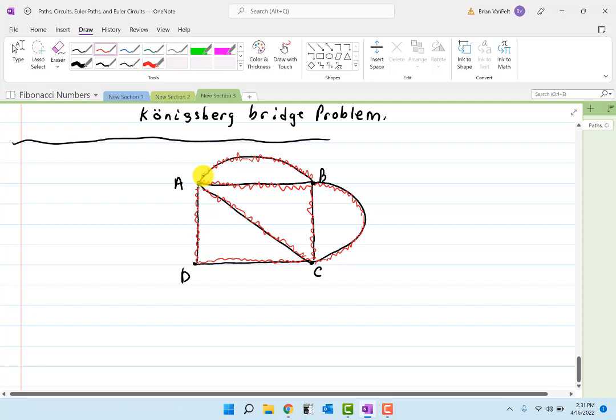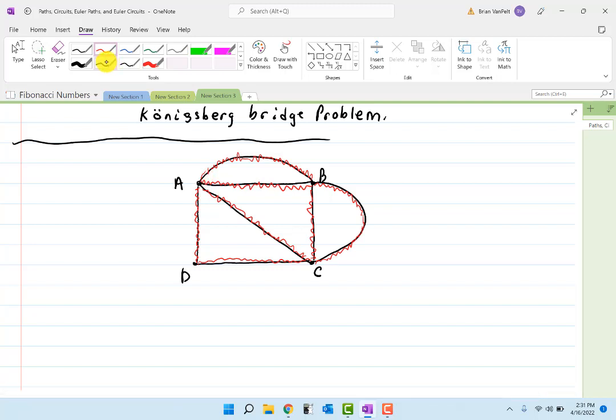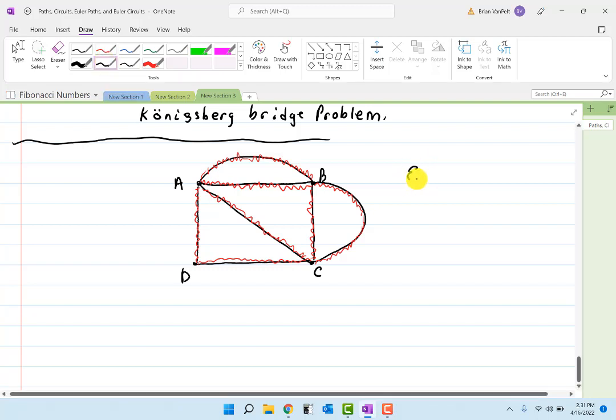I was able to start and end at the same vertex. So we have what's called an Euler circuit.